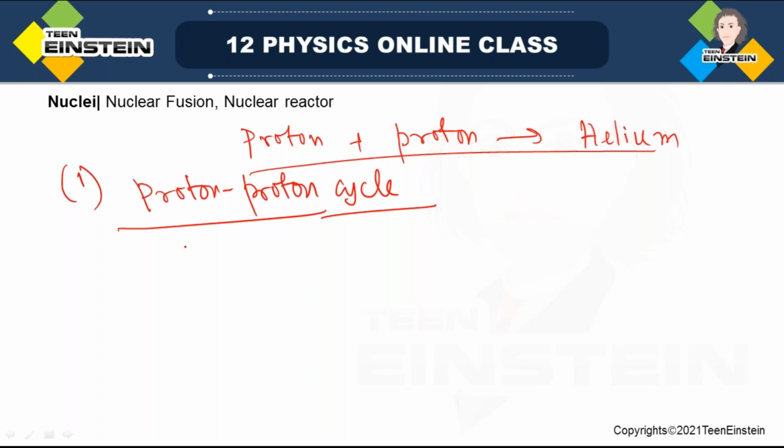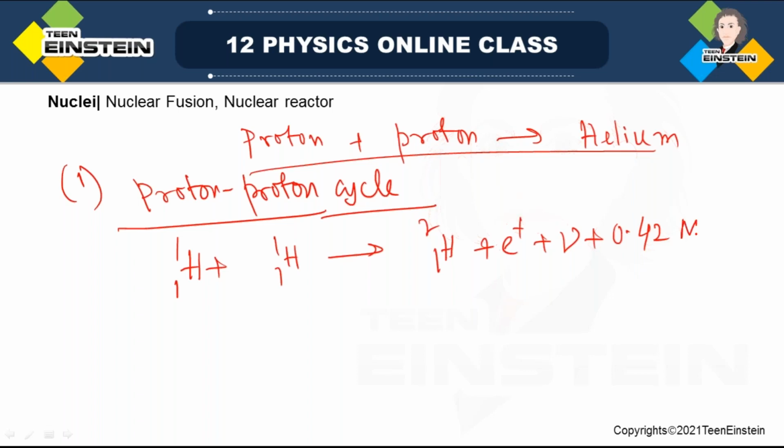There are equations which occur here. First, two protons combine or fuse to produce a deuterium 1H2 plus a positron plus a neutrino plus 0.42 MeV.